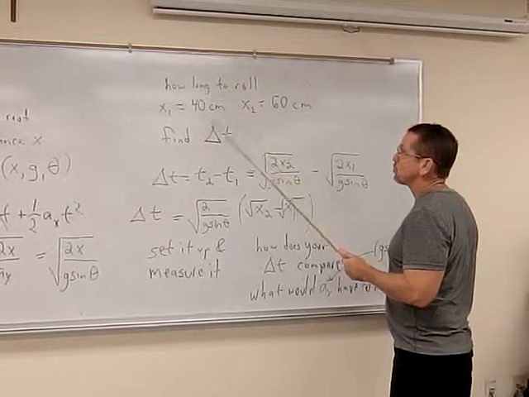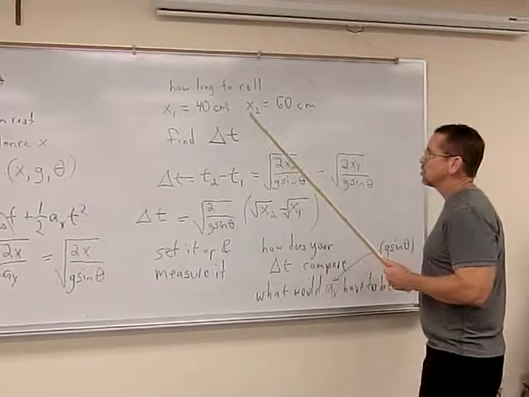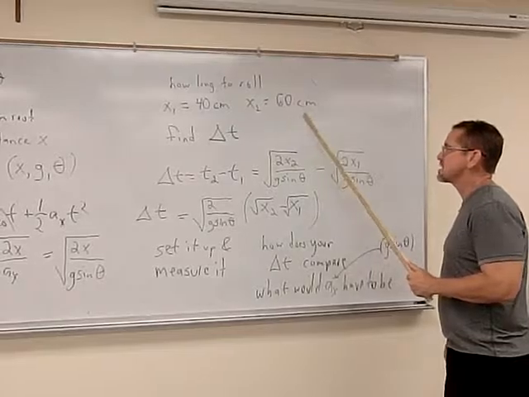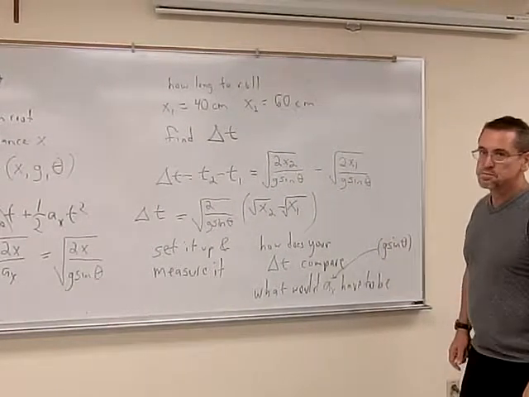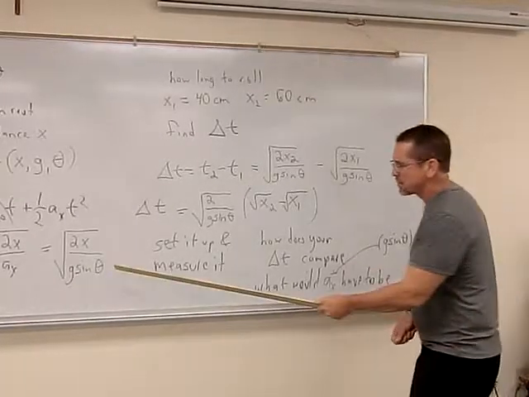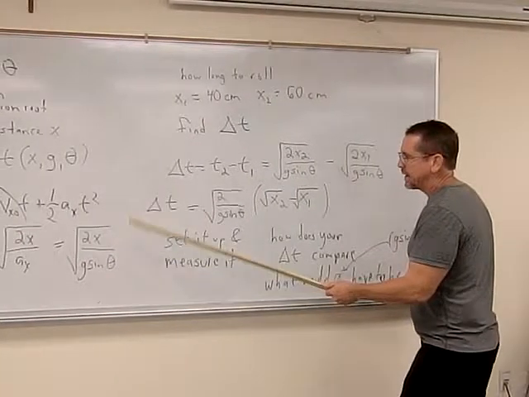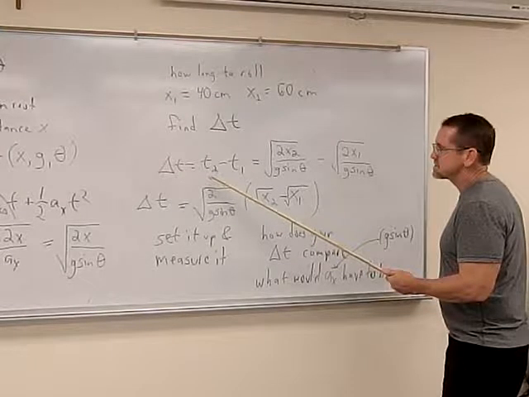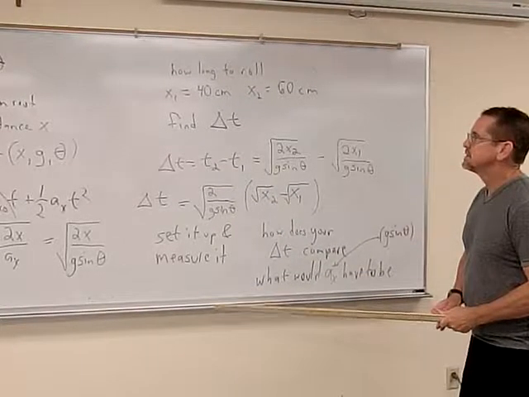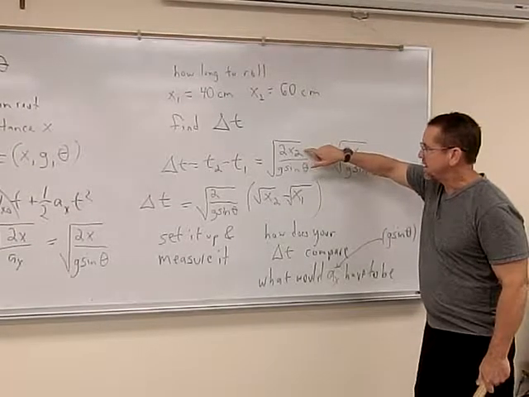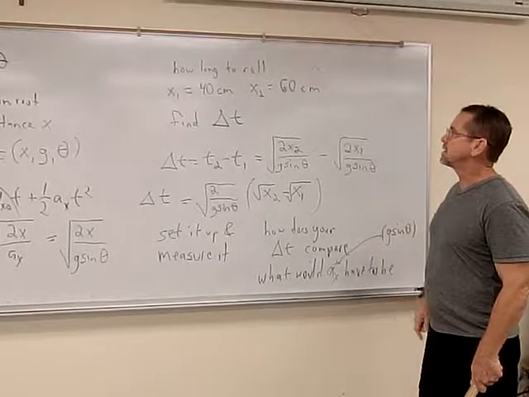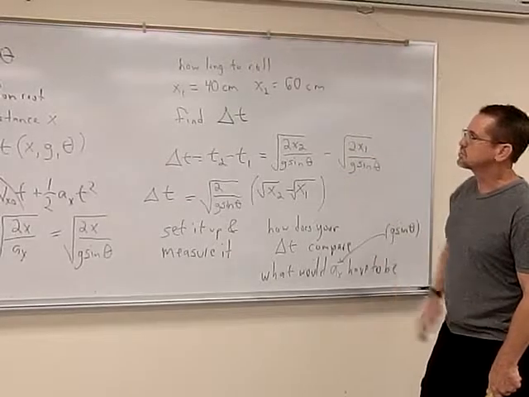How long would it take to roll 40 centimeters, for example? How long would it take to roll 60 centimeters? And what would the difference between those two be? I could use my result over here, and the delta t is t2 minus t1. I just put the x's in, so you have the x2 here and the x1 there, where x2 is 60 and x1 is 40.